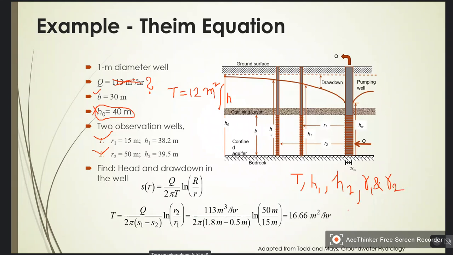So find Q. T is 12 meter square per hour.